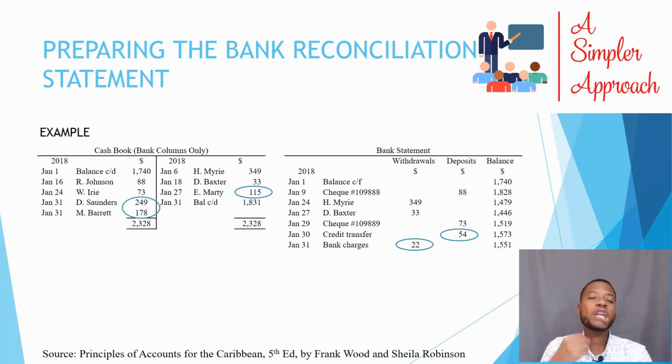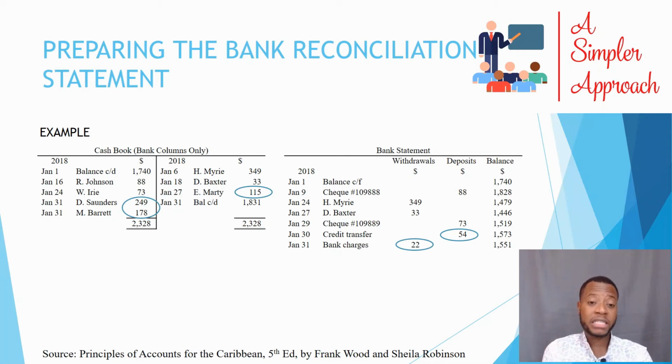Right? Now, unpresented checks are checks that are paid to persons but they have not yet presented the checks that they have received. So if it's checks that are paid, it must be on the credit side, which means E. Marty represents an unpresented check.